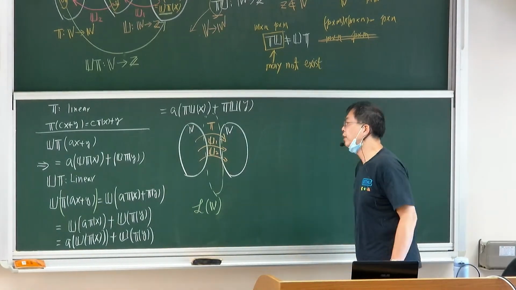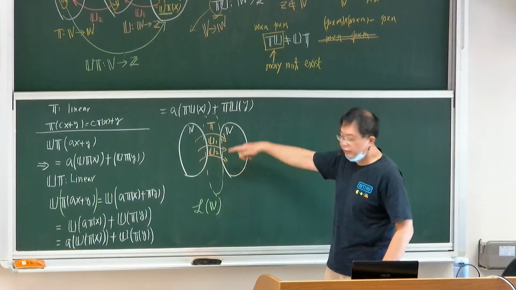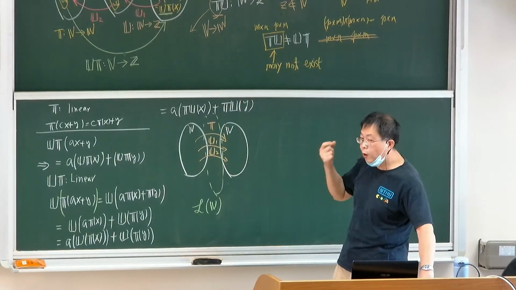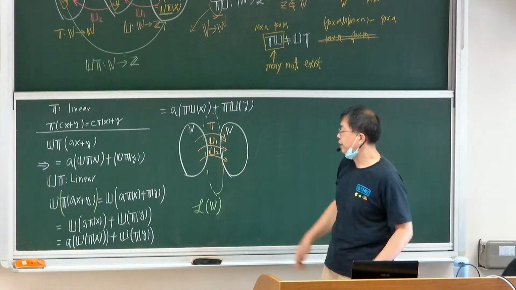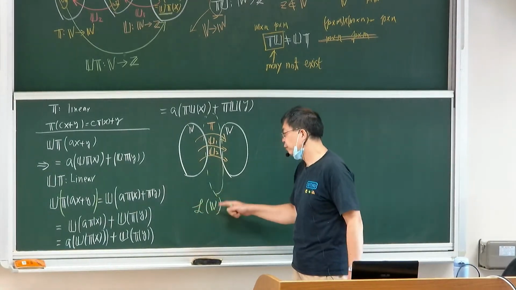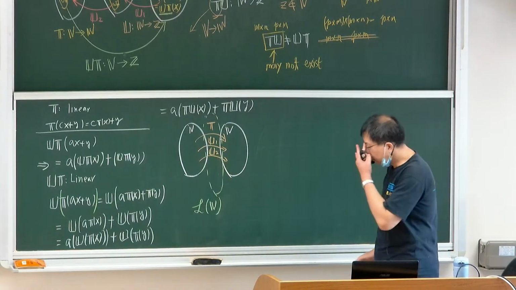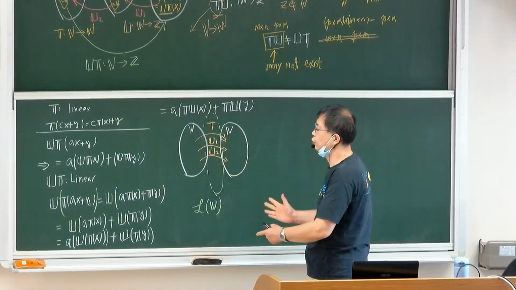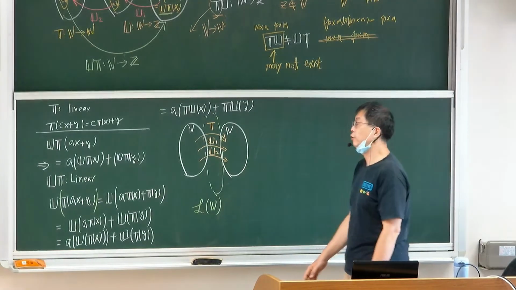Okay, so this linear transformation forms a vector space, and we denote it as the linear transformations from V to V. So we have a bunch of linear transformations here.